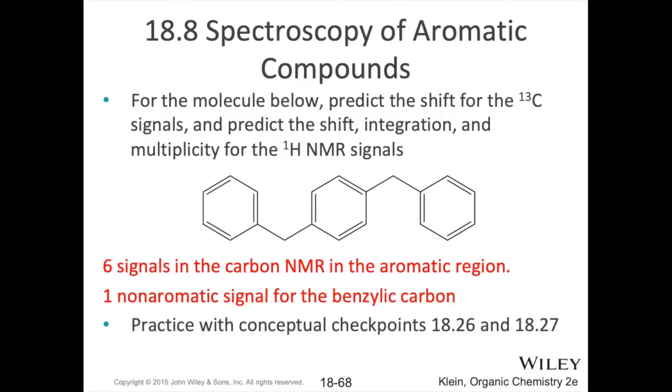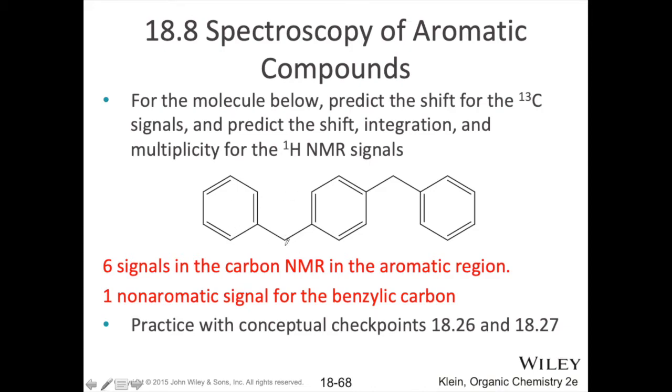All right, so that being said, in the carbon NMR, there's going to be 6 signals that you see. Okay, so if you're having trouble seeing them, I guess I can mark them on here. Basically, you're going to have 7 signals.